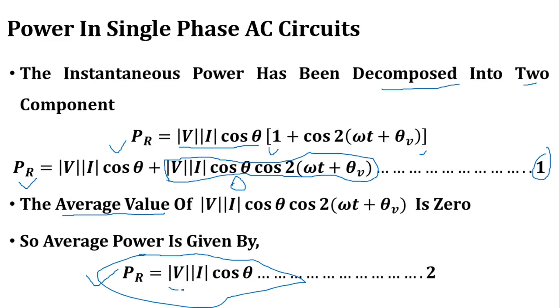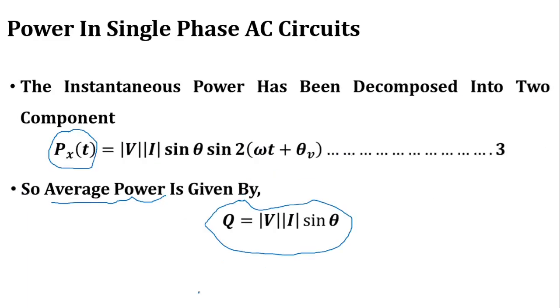But here we will see how we can derive these equations, that is PR is equal to Vi cos theta and Q is equal to Vi sin theta. We have used these formulas for a long time, but today we will see how to derive these two formulas.